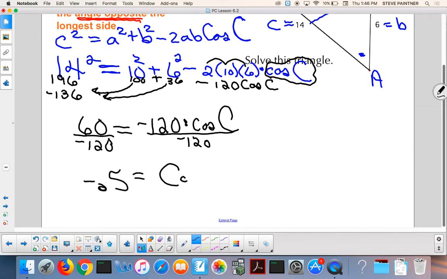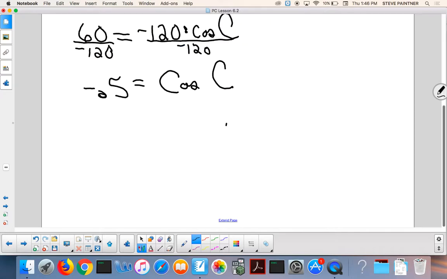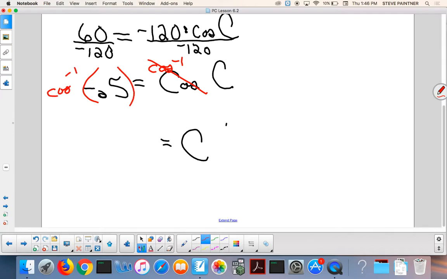Equals cosine of C. And you know you want C, so you're going to do what to both sides? Inverse cosine. Inverse cosine knocks out cosine. Inverse cosine of this side makes what? 120. Hey, how come, why am I in the second quadrant?